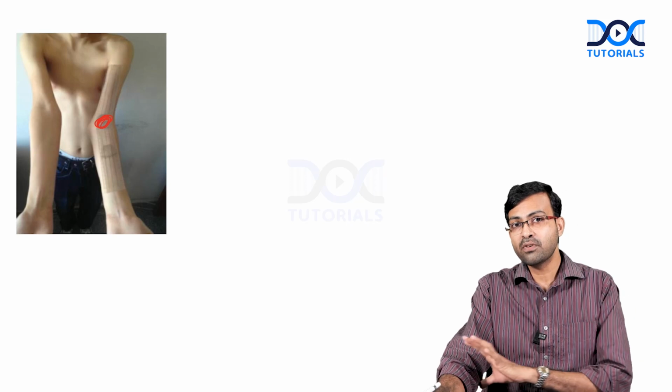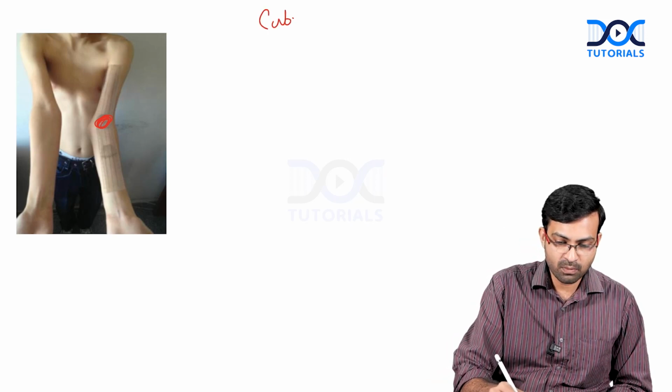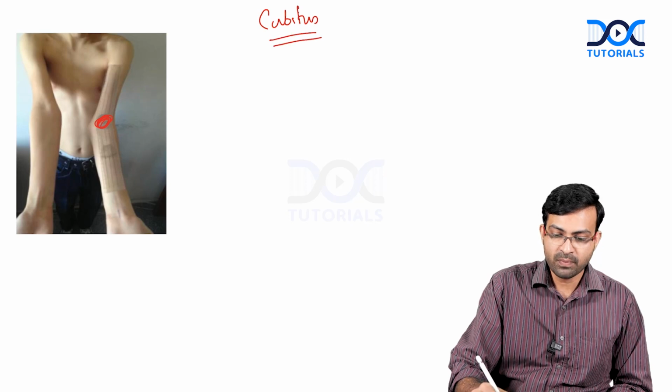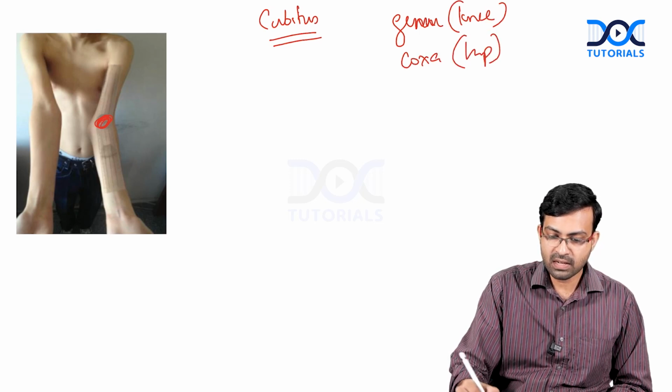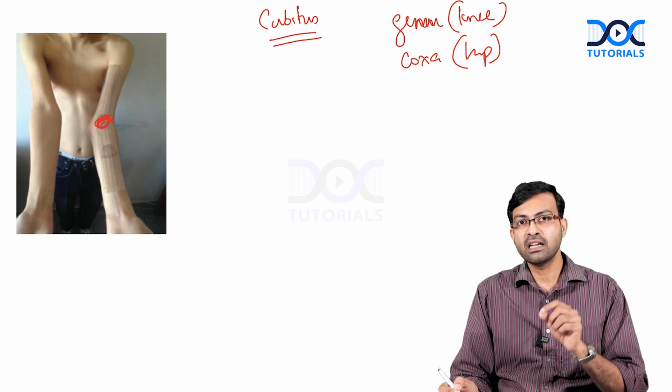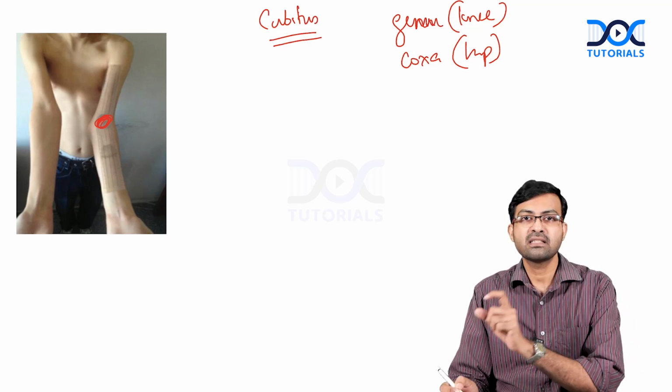So if there is a deformity at the elbow, you use the term cubitus. Cubitus means elbow. If it is genu, genu means the knee, and coxa means the hip. So whenever there is a deformity at the elbow, you call it cubitus valgus or cubitus varus.